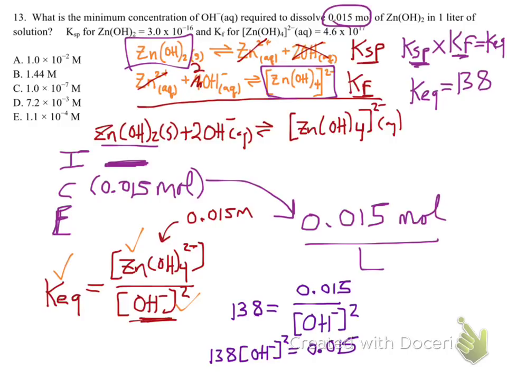Then divide both sides by 138 and take the square root. And we will get that the hydroxide concentration is equal to 0.01, or 1 times 10 to the negative 2.